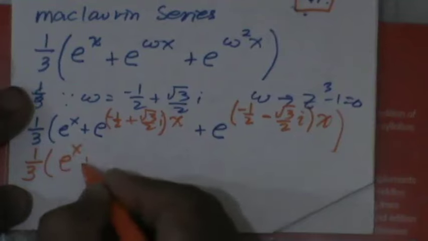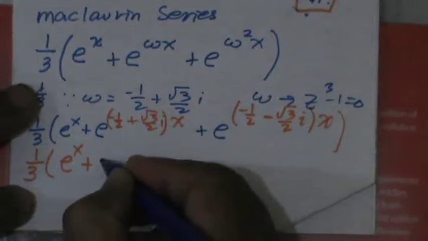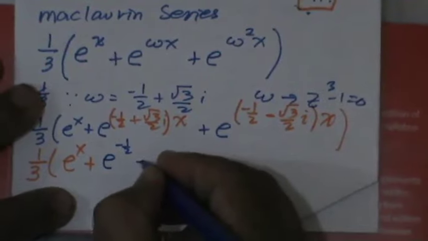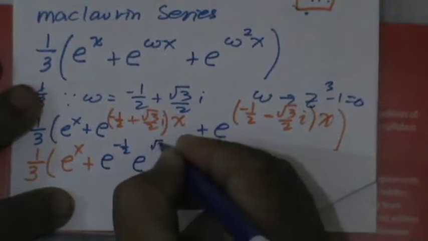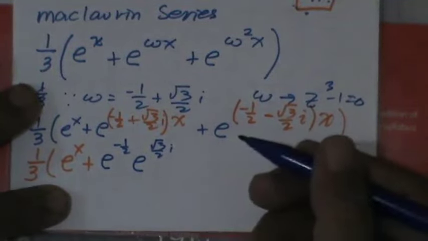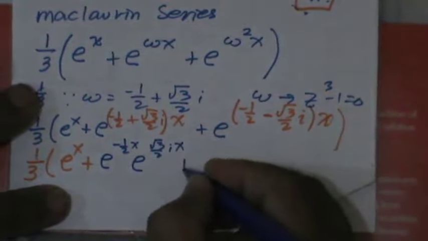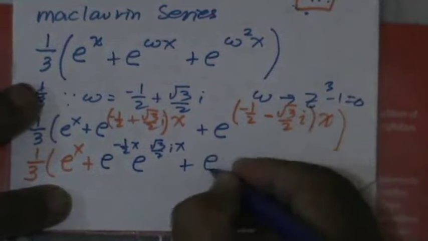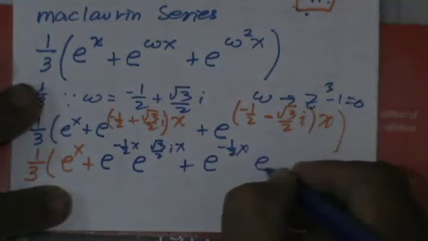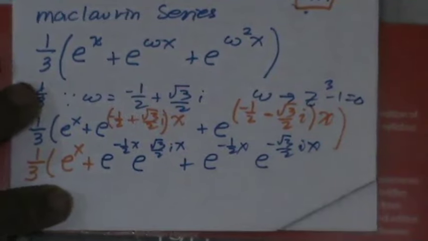e to the x plus this one is equal to what? That is equal to e to the -1/2 times e to the square root of 3 over 2 i, x there and x there, plus this one is e to the -1/2 of x, and then this one is e to the negative square root of 3 over 2 i of x.